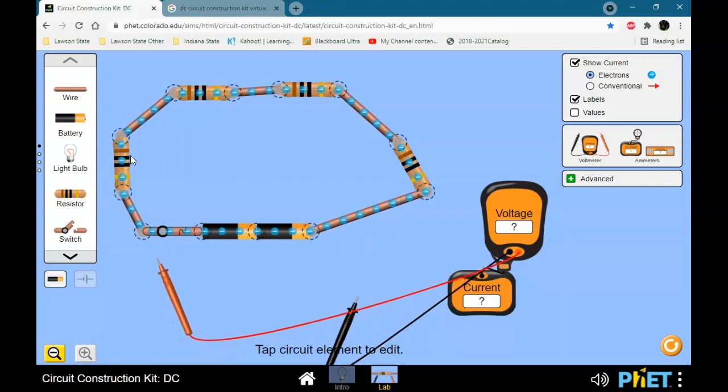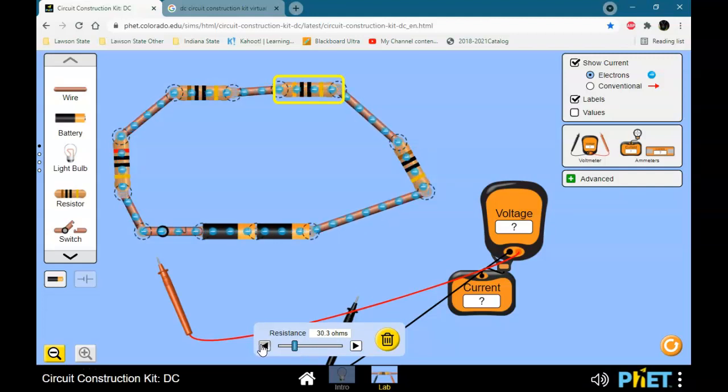All right, so if I take this one resistor up to, we'll say, 20 ohms, and we'll take this one right here up to, we'll say, 30. What are you noticing as I do this about the overall current in the system? I'm going to take this guy up to, we'll say, 40.